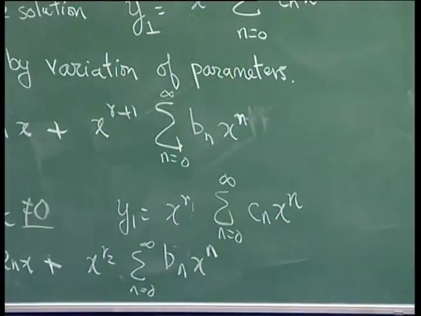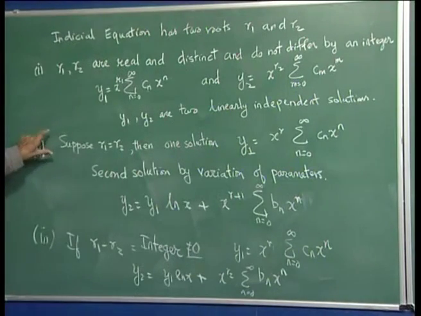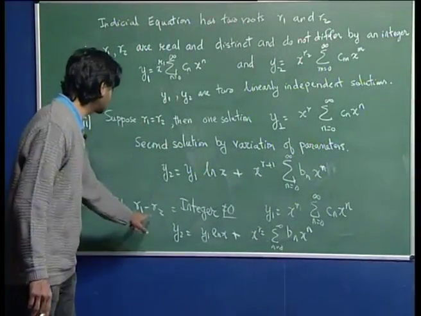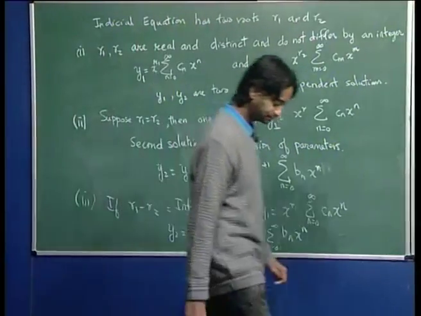Okay. So the interesting cases: we have to check whether these two roots are real, distinct and do not differ by an integer, or whether they are the same, or if they differ by an integer.